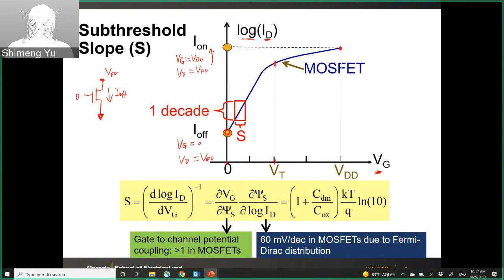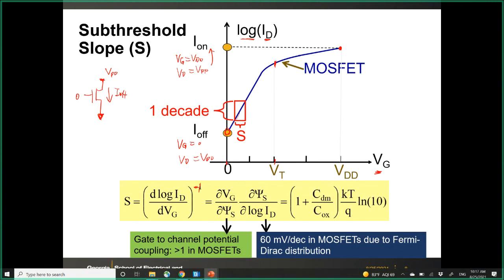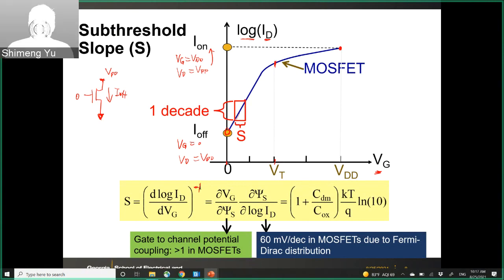So you have the power of negative 1 here. So in other words, you can think of this as the slope here. The S is defined when you reduce the current by 1 decade. That means 10 times. How much voltage you need to reduce.